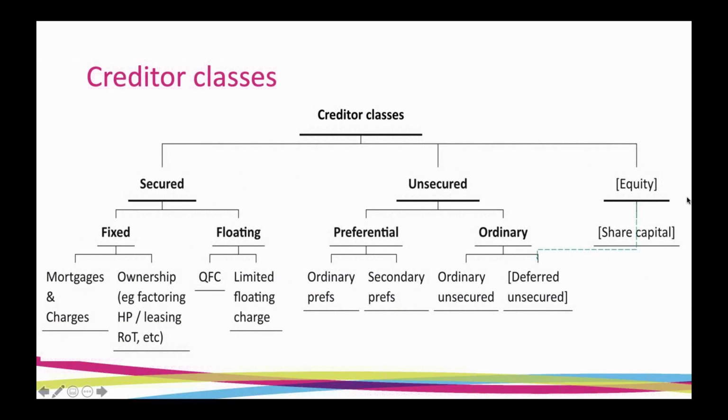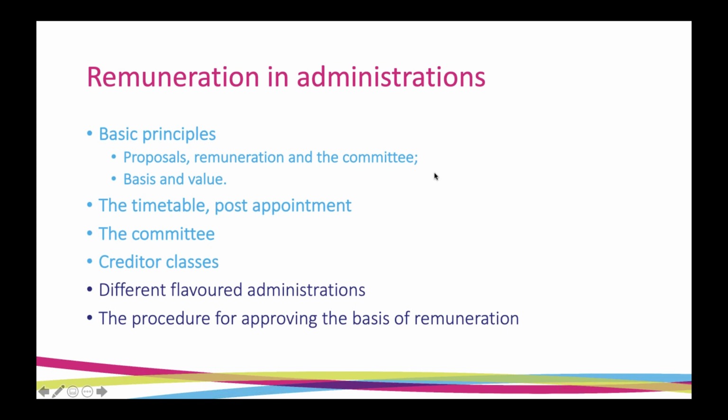And the other point I would like to make is to remember, of course, that unsecured creditors include not only ordinary unsecured creditors, which are what we normally think about, but preferential creditors are also unsecured creditors. And I think that's potentially something of some importance, quite significant.